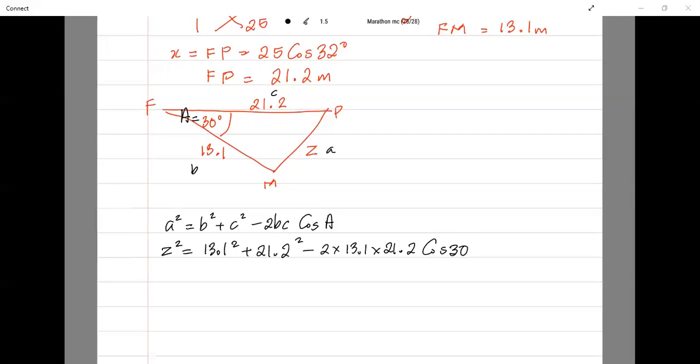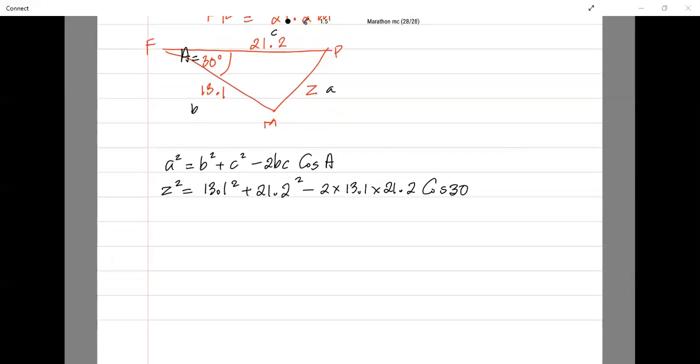And it's simply working out and trying not to make mistakes. 13.1 squared is 171.61, plus 21.2 squared, which is 449.44, minus 2 times 13.1 times 21.2.